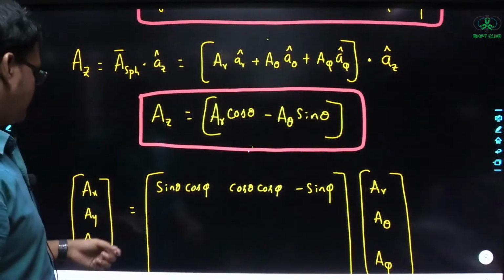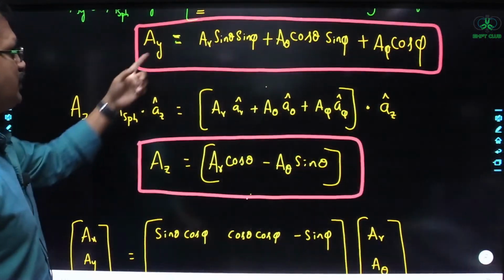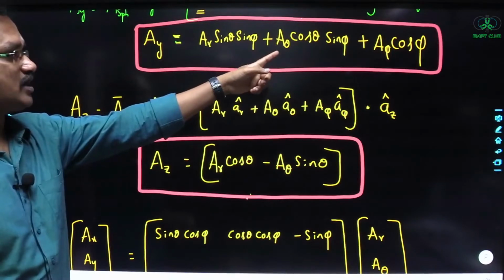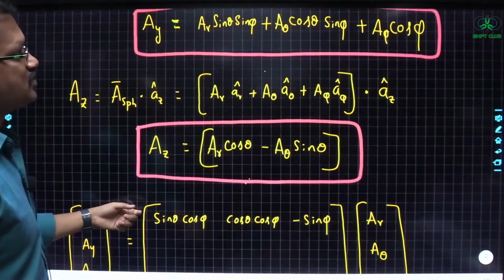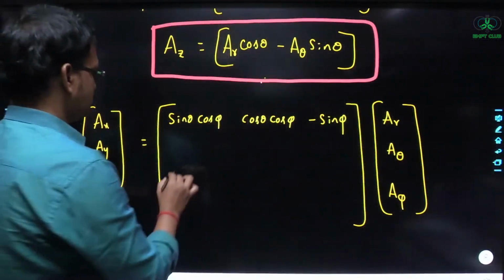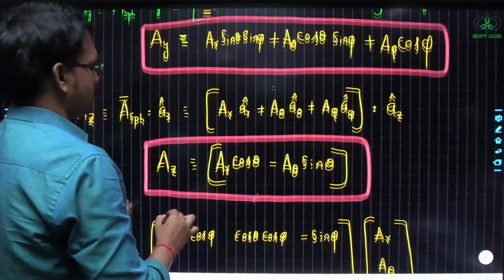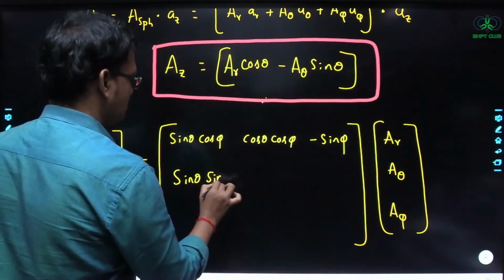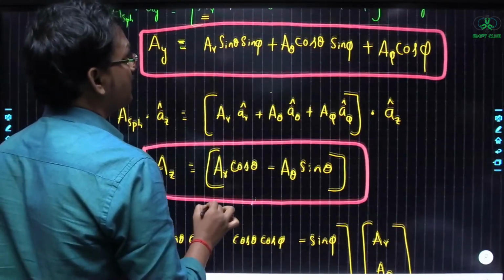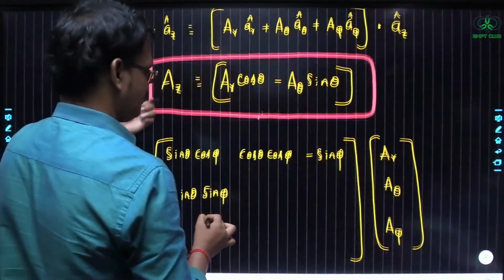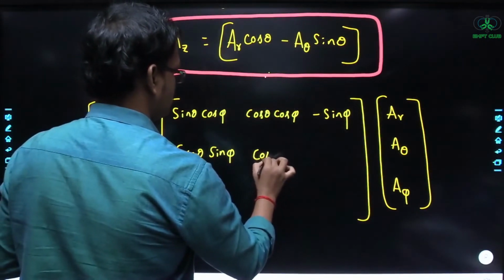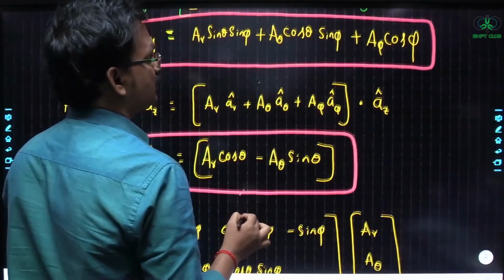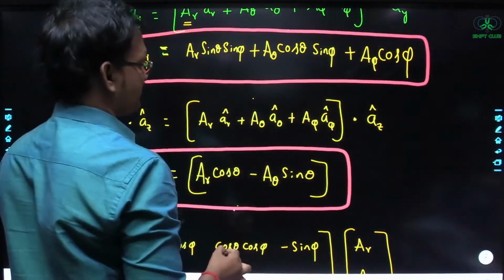Next equation, AY. So AR sin theta sin phi, cos theta sin phi and cos phi. So the second row is sin theta sin phi, cos theta sin phi and then cos phi, right?